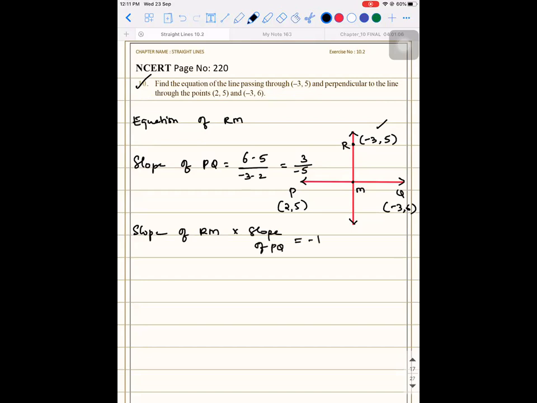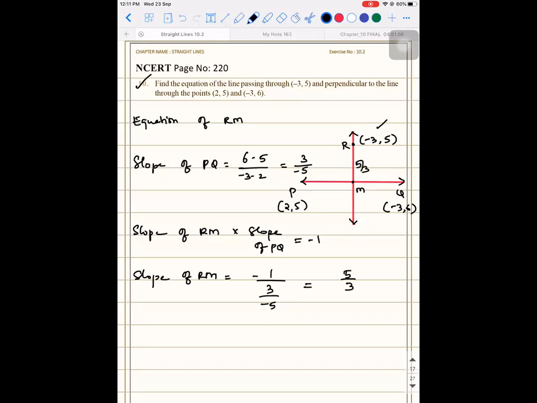Minus 1, because product of slopes of two perpendicular lines is minus 1. So what is slope of RM? As you told, it is minus 1 divided by 3 by minus 5. That will be 5 by 3. Correct? This is 5 by 3.